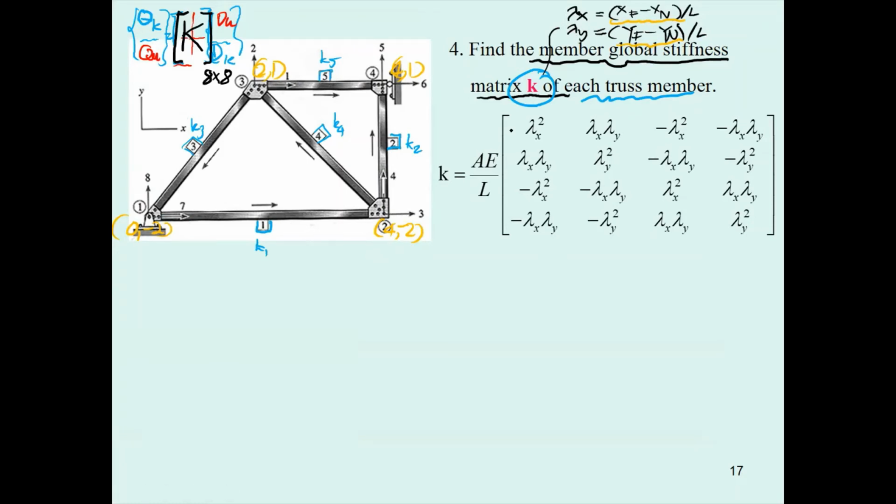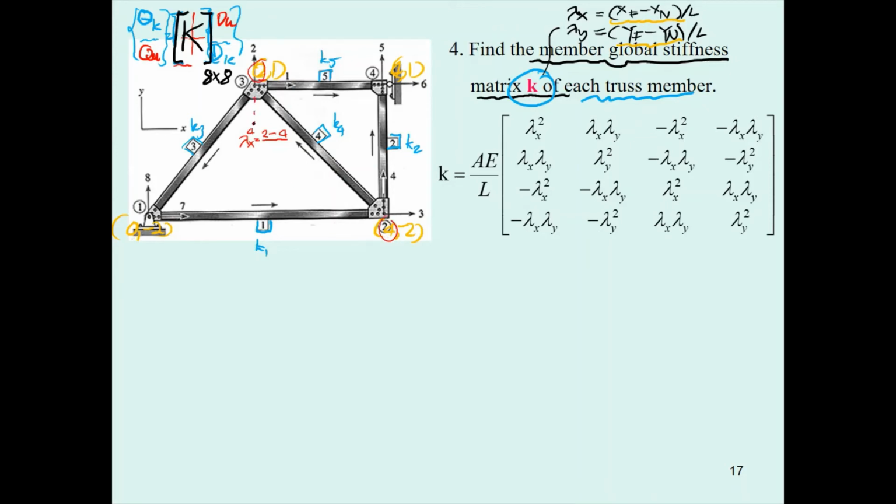Okay, for example, if you want to determine member number 4, you're going to have lambda sub x for number 4. That is going to be x sub f, 2 minus 4, divided by the length.